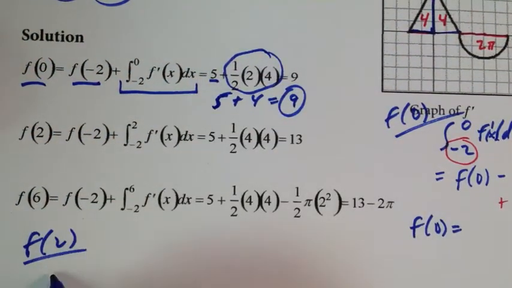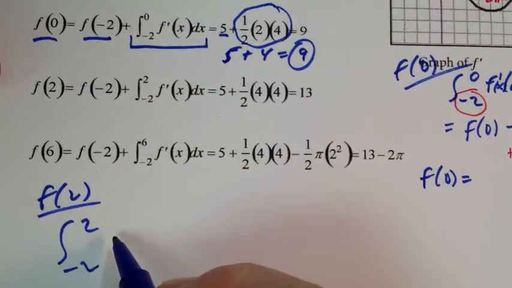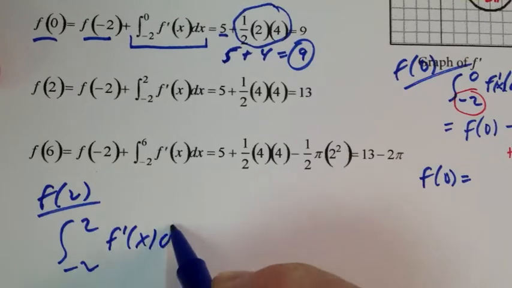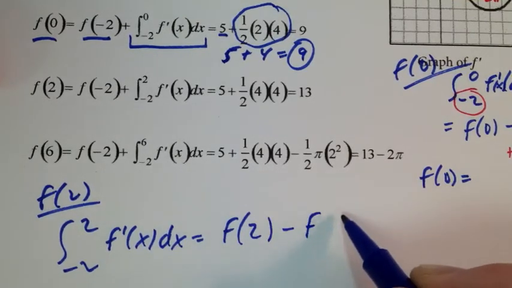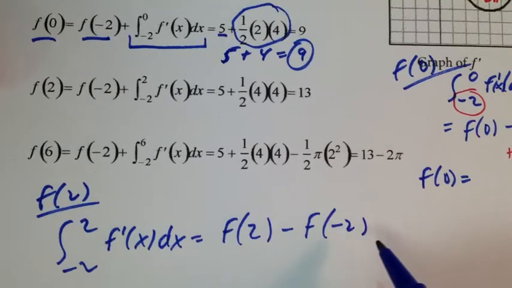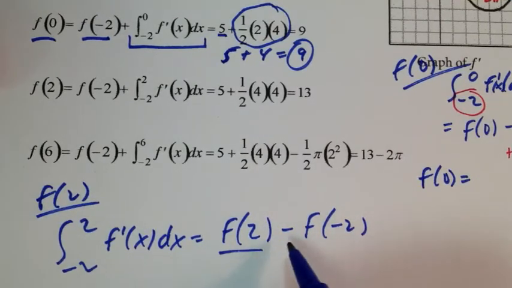Well, when we want to find f of 2, what would I do? I would say, from negative 2 to 2 of f prime of x dx is lowercase f of 2 minus lowercase f of negative 2. And what are we trying to find? We're trying to find f of 2.